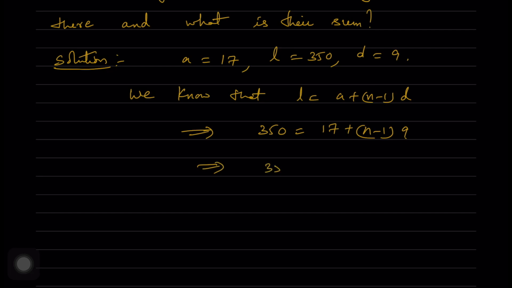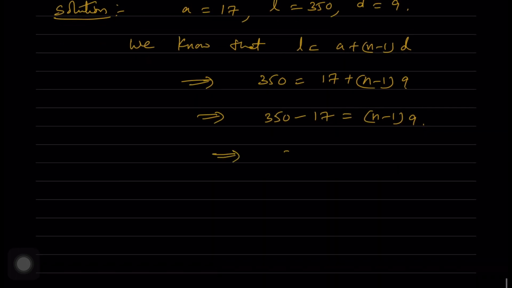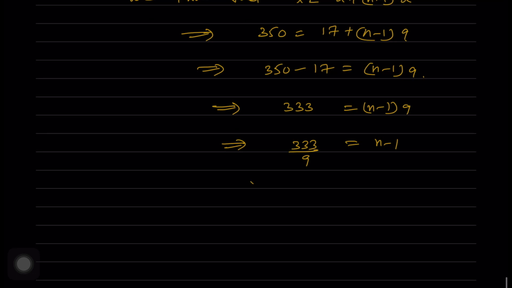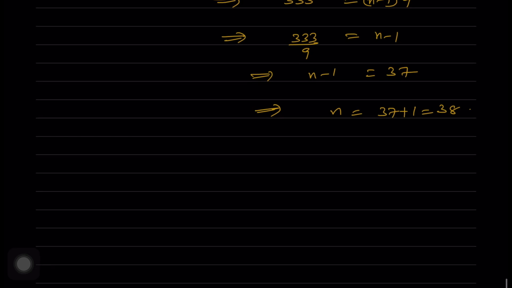So which implies that 350 minus 17 is equal to n minus 1 into 9, which implies 333 is equal to n minus 1 into 9, which implies 333 divided by 9 is equal to n minus 1. So n minus 1 is equal to 37, so n is equal to 37 plus 1, which is equal to 38.